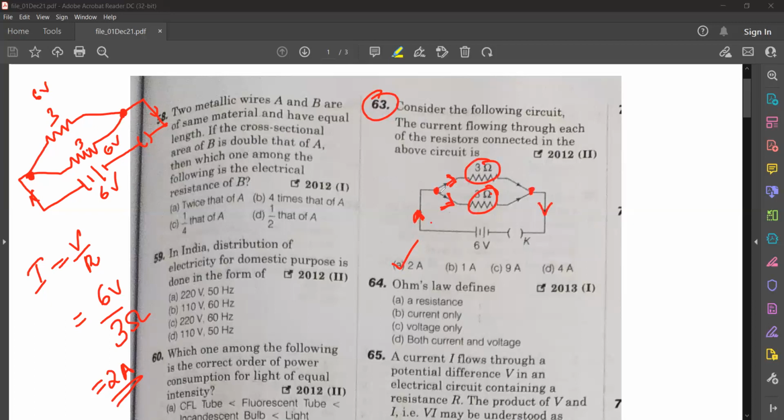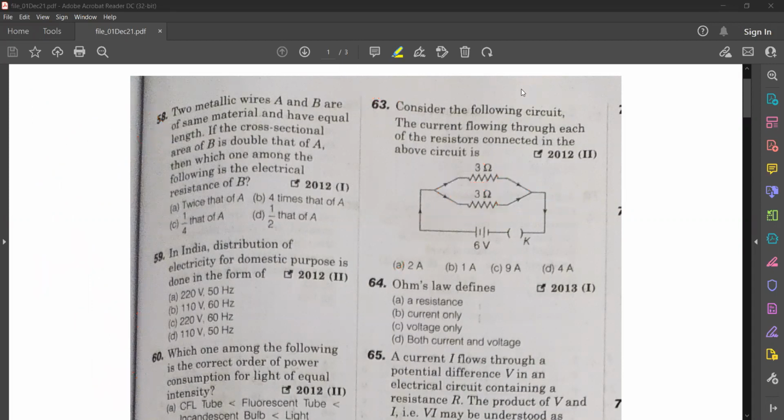You just apply I equals V by R, because the voltage across the ends is 6 volt and the resistance is 3 ohm. Both the resistors are 3 ohm, so the same value of current will flow: 2 ampere and 2 ampere, then it will flow as 4 ampere. So through each resistor, the current is 2 ampere. Option A. So move to the next question.